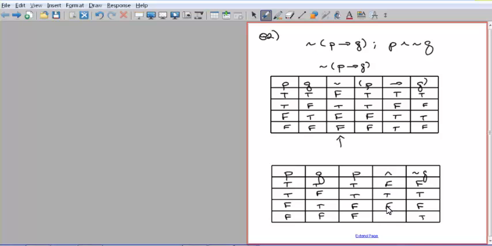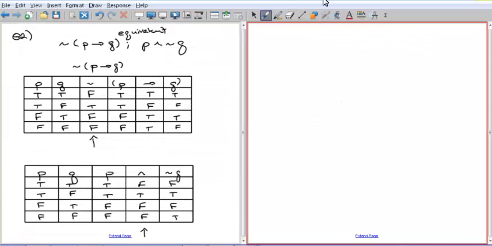All the other ones are false. So that's the result of this one. You can see we have false, true, false, false, and false, true, false, false. And therefore we can say that these are equivalent. And the book says equivalent, so that's good.